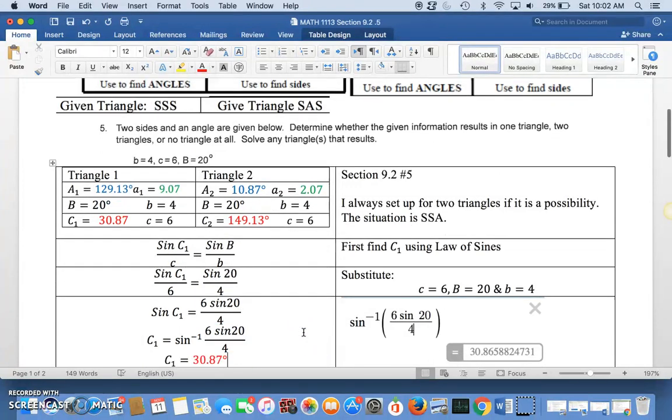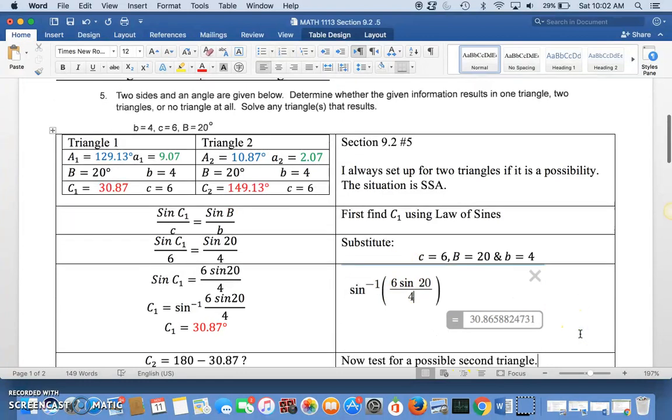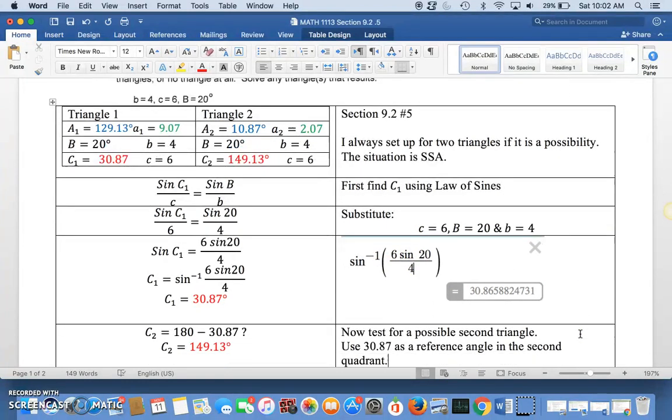To get C completely by itself, you have to do inverse sine of this expression. This is where I've done inverse sine with the calculator. Be sure your calculator is in degrees, whether you're using Desmos or anything else.